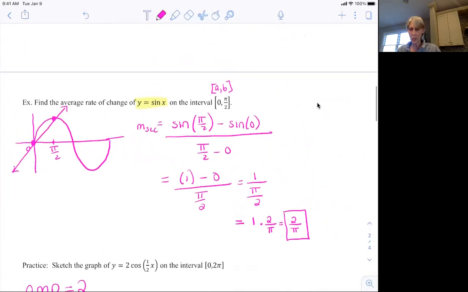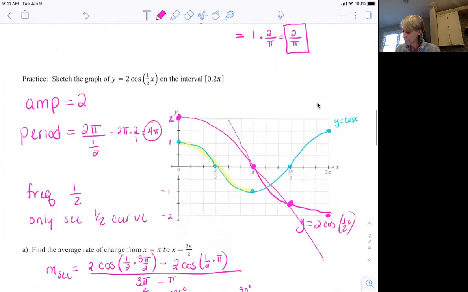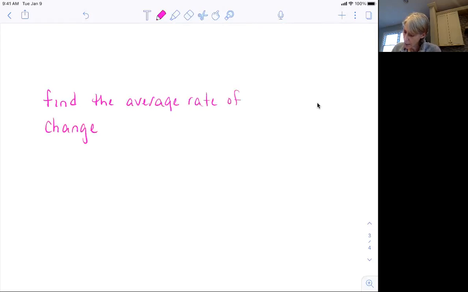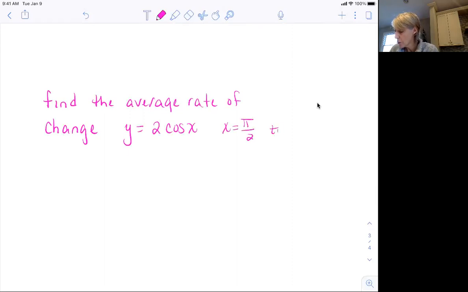Average rate of change. Let's try one more easy one. So let's find the average rate of change, and let's say y equals 2 cosine x on the interval from x equals pi over 2 to x equals pi.